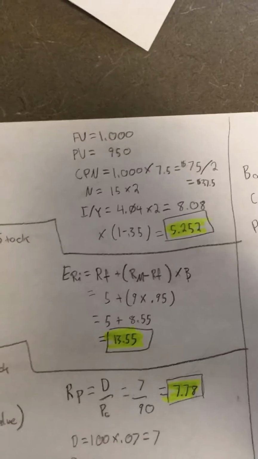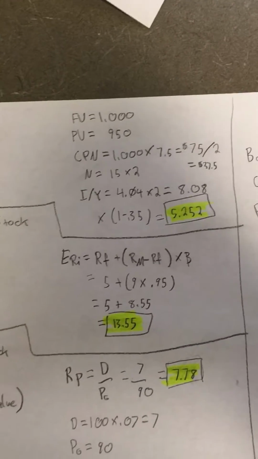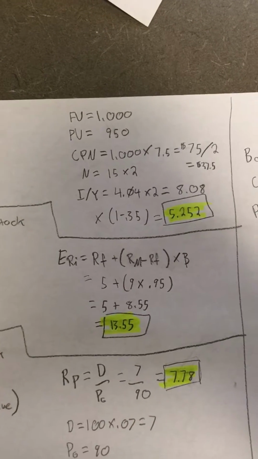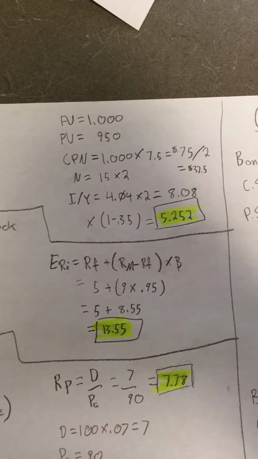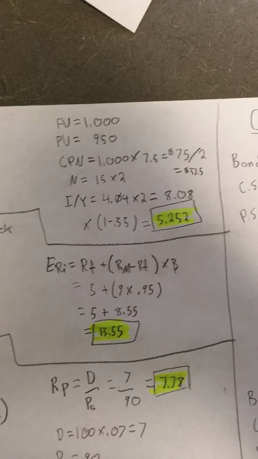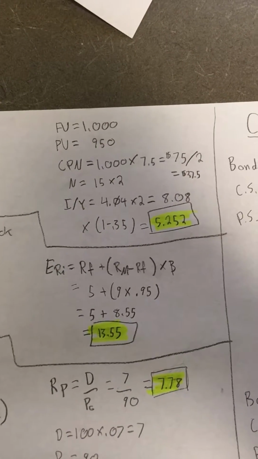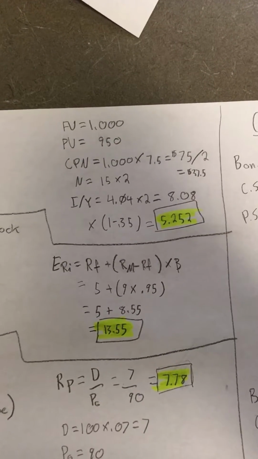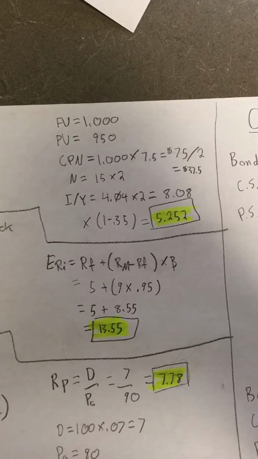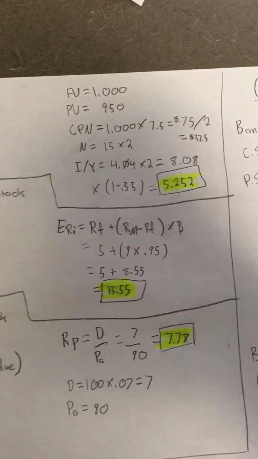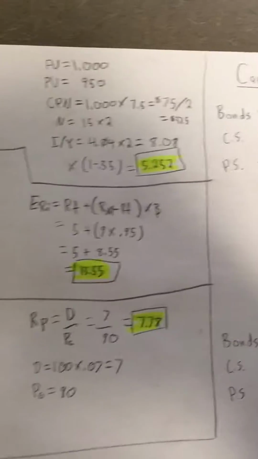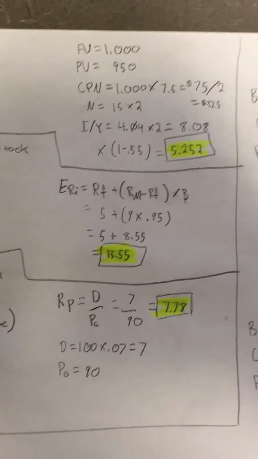Now the last thing you have to do to calculate the cost of debt is take the tax effect. So in this case, you're going to multiply the 8.08 by 1 minus the tax rate, and that leaves you with an after-tax cost of debt of 5.25%. The next part is the cost of equity, and I wrote up the cost of equity formula there.